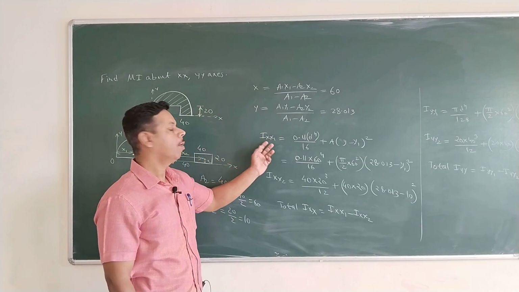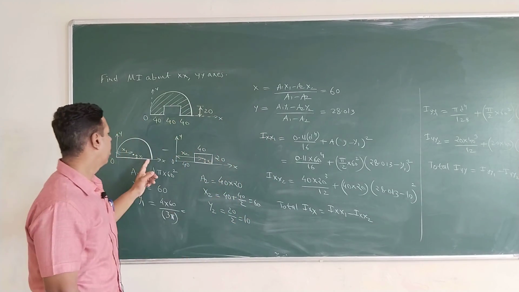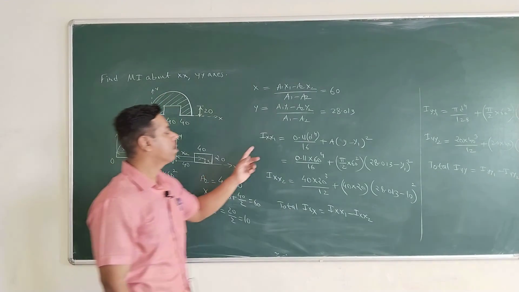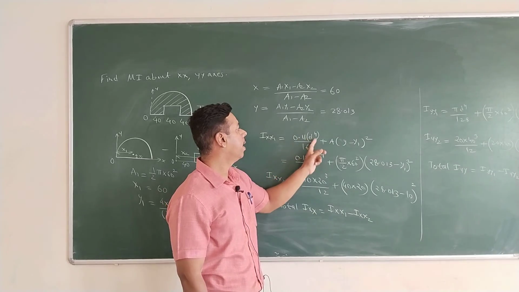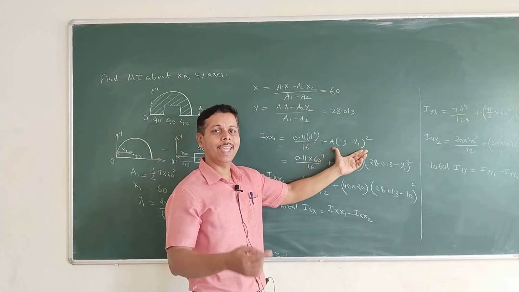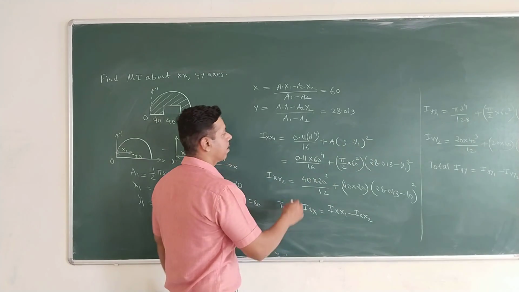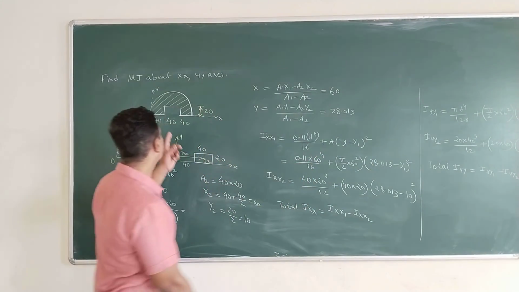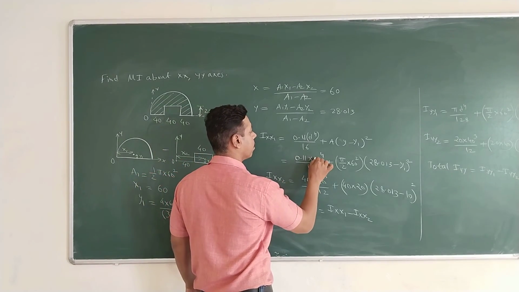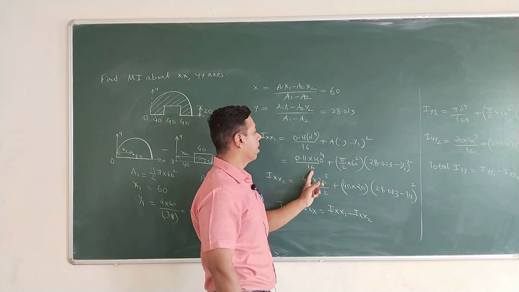Then we'll find the moment of inertia of this lamina. For the semicircle, the formula is Ixx1 equal to 0.11 d raised to 4 by 16, and you know we are adding plus A h square. This is the parallel axis theorem. The diameter is 120, right?